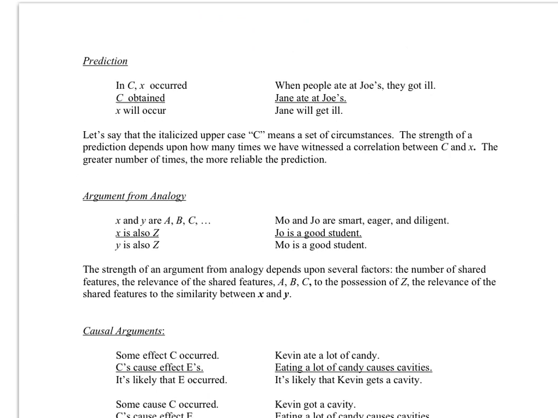On the next page, we have another kind of inductive argument form, and that's prediction. We make predictions all the time. For example, we'll say things like, for the past 25 years, it's been very hot and dry in LA.